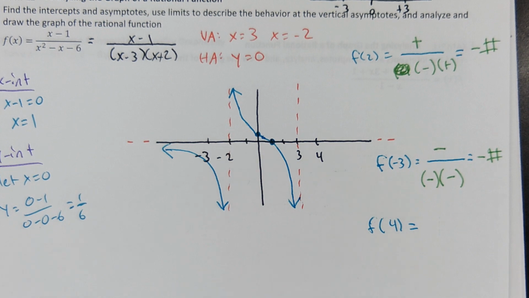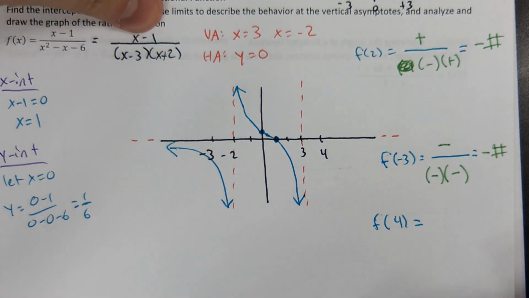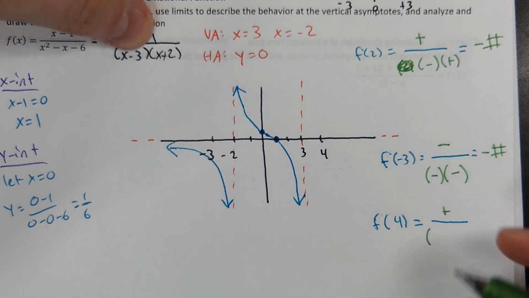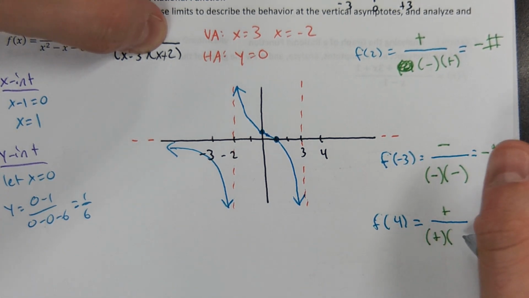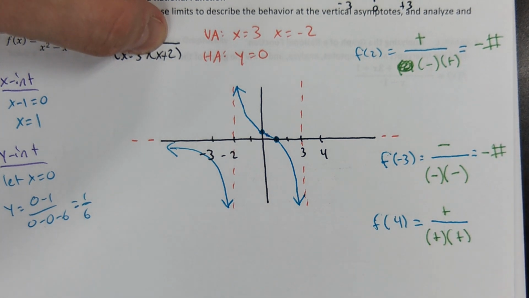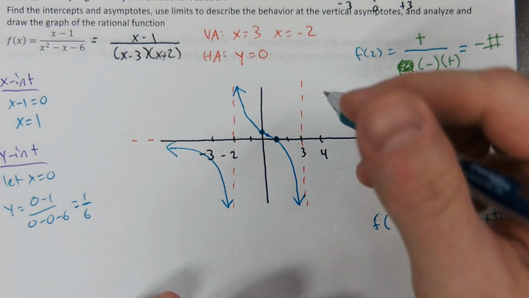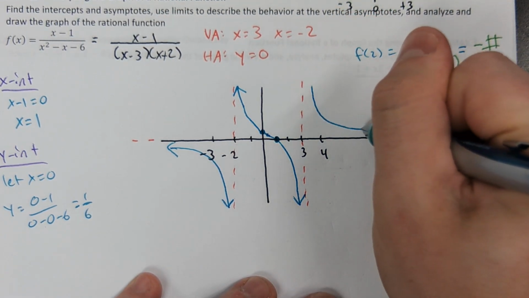So pick a candidate out there and plug it in. 4 minus 1 is positive. 4 minus 3 is positive. 4 plus 2 is positive, resulting in a positive number. I don't think it takes much work to double check that. And then do this.